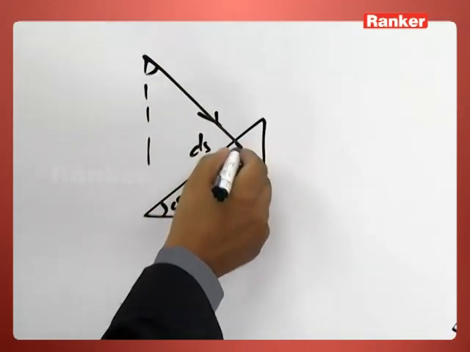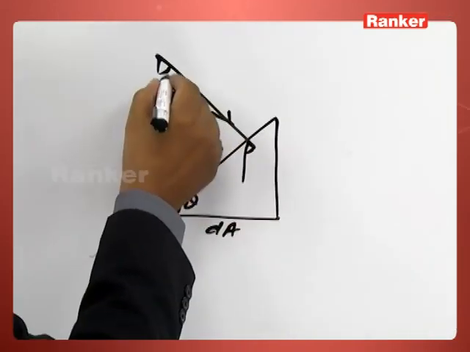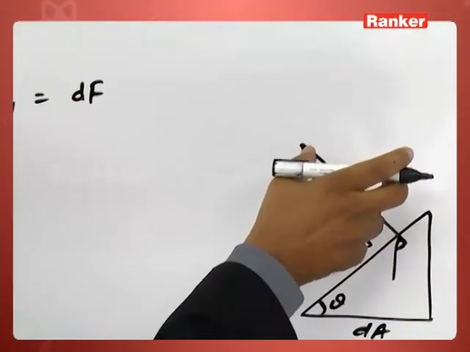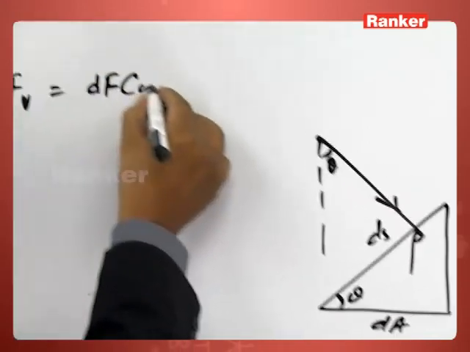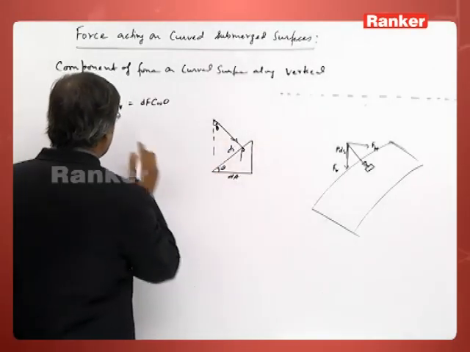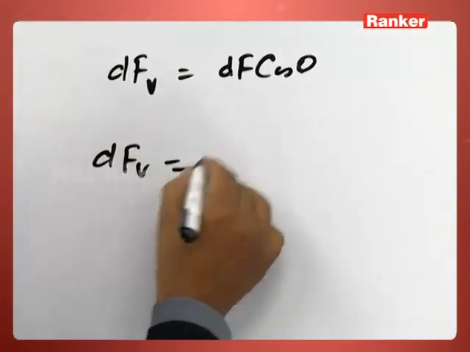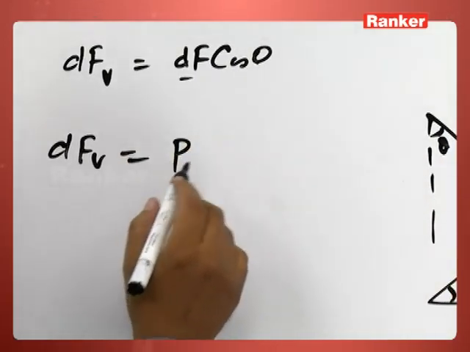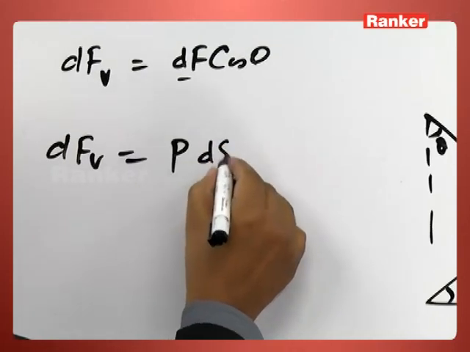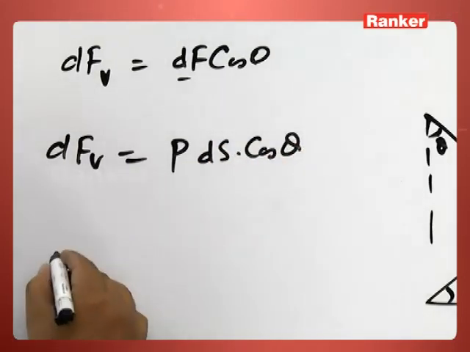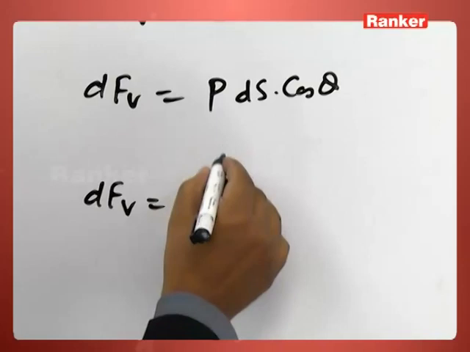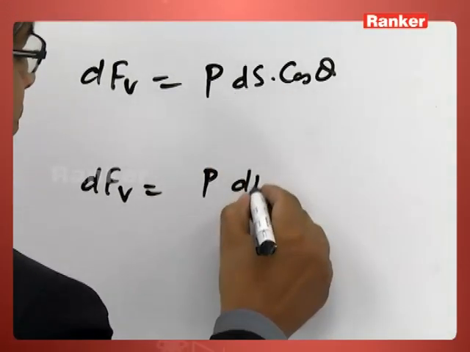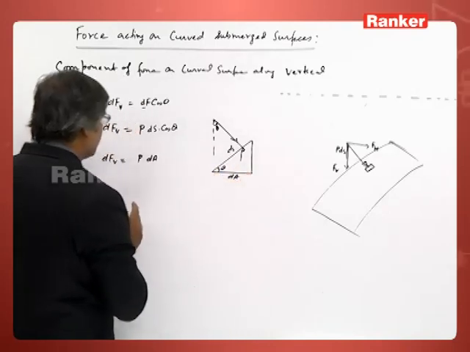This is theta, 90 minus theta. So this angle is theta. So we have to take this dF cos theta. And you see this dF vertical is the pressure P times the area ds into cos theta. So that comes out to be P ds cos theta, which is dA, this area.